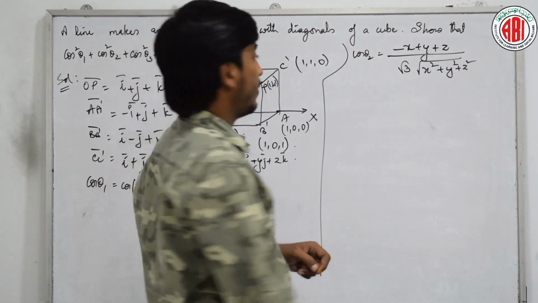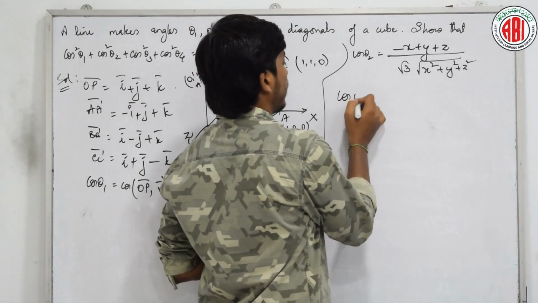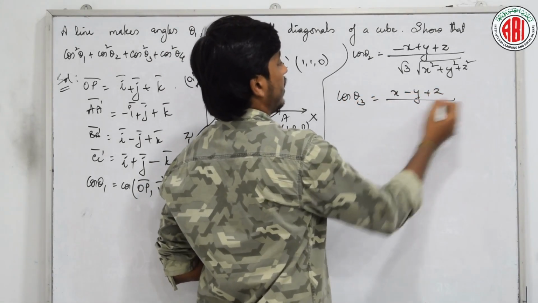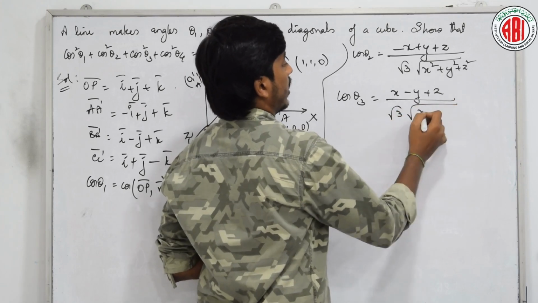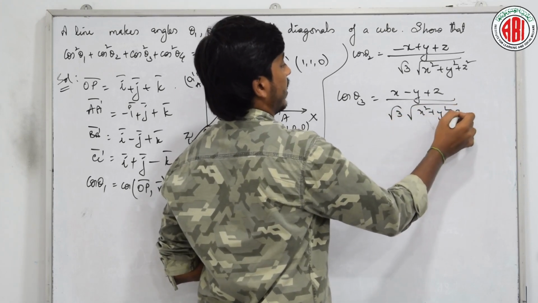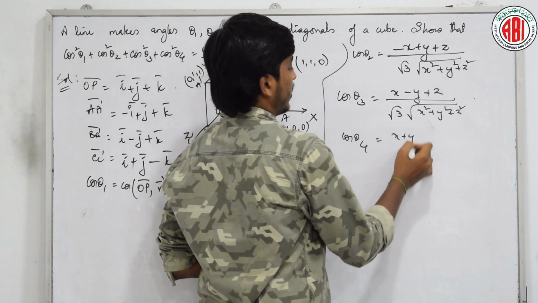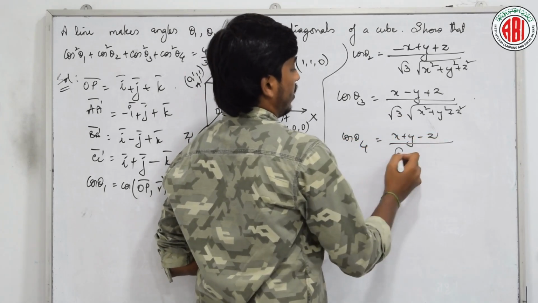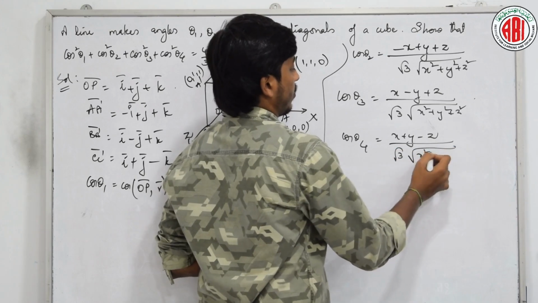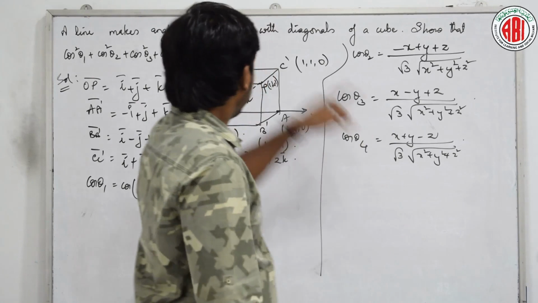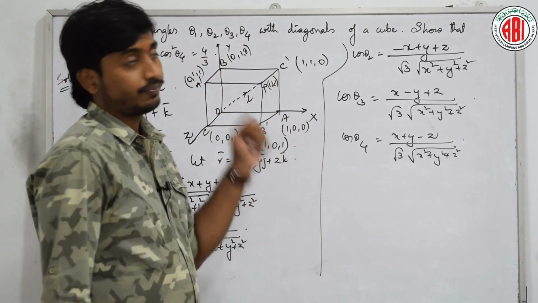Similarly, cos theta 3 will be x minus y plus z under root 3 root of x square plus y square plus z square. Similarly, cos theta 4 is x plus y minus z under root 3 root of x square plus y square plus z square. Clear? Did you understand?